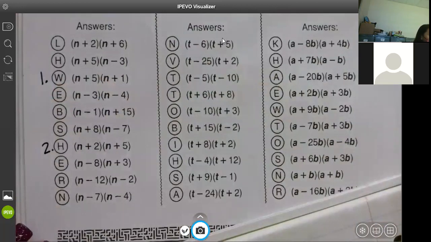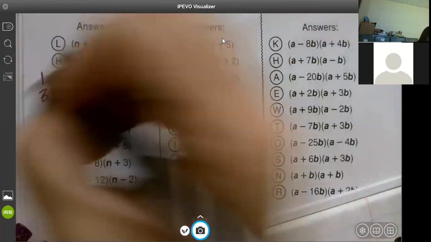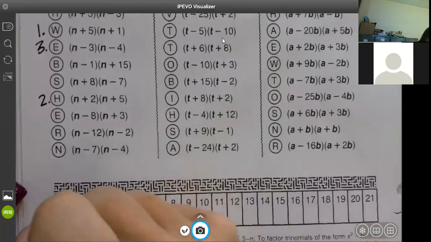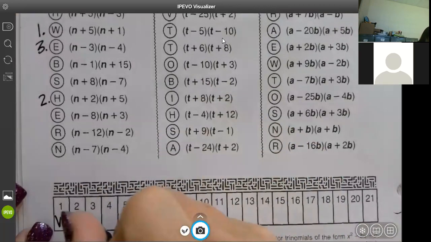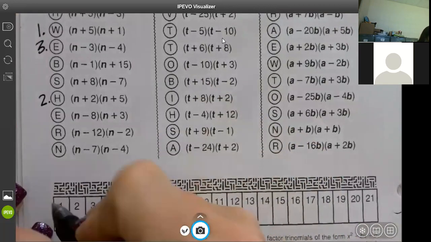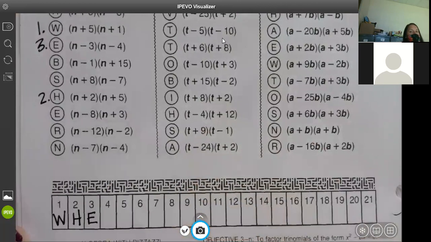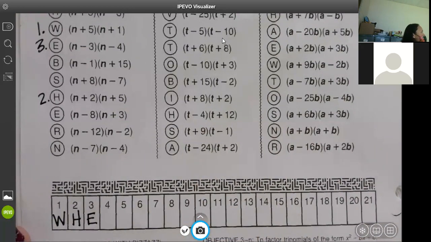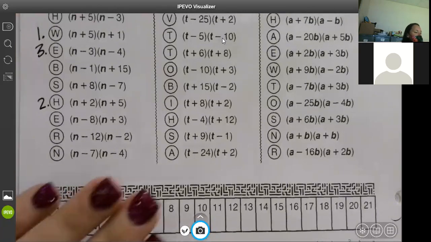And number 3 was n minus 3, n minus 4, which is E. When you go down to the bottom, 1 is W, 3 is E, 2 was H. You have to show work or you get a big fat 0. Everybody got it? All right.